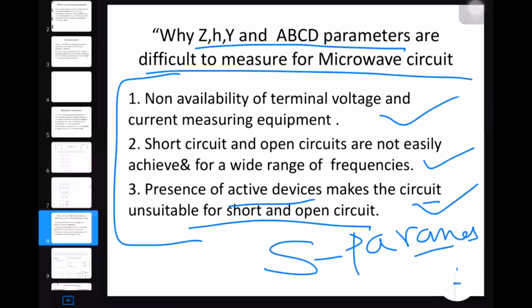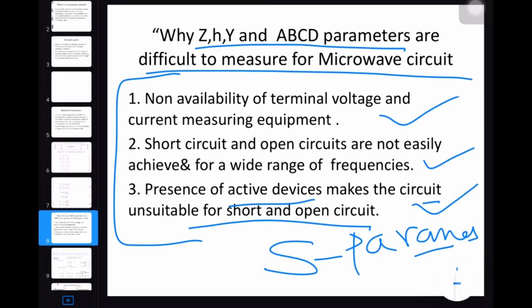Just a very direct and simple question: explain why Z, H and Y parameters cannot be used for measuring the microwave parameters or for analyzing a microwave network. These are the three reasons you should quote, and these three statements will fetch you 3 marks directly.